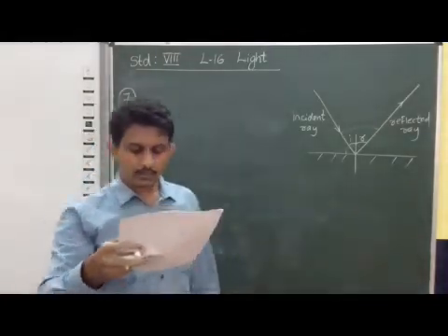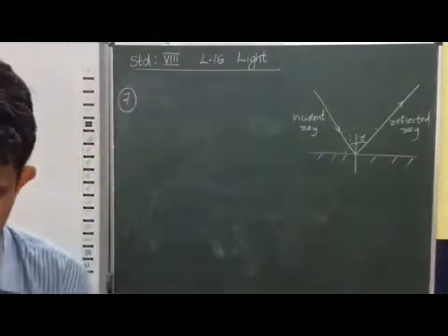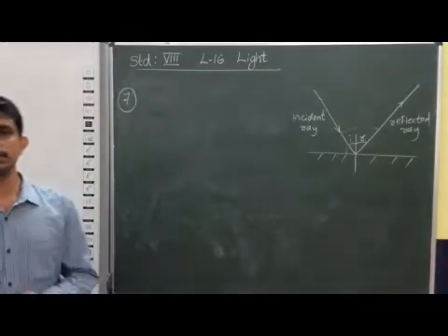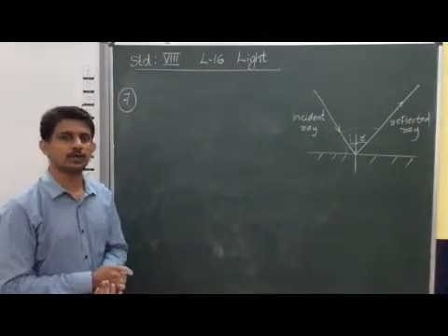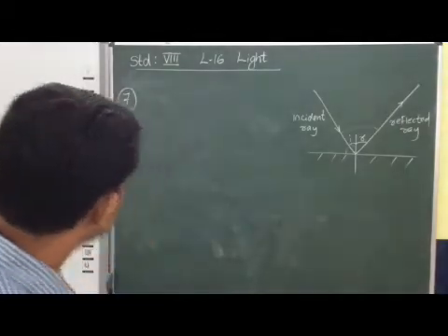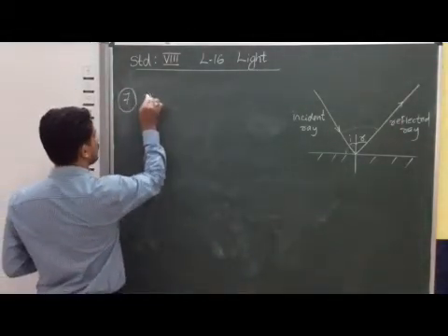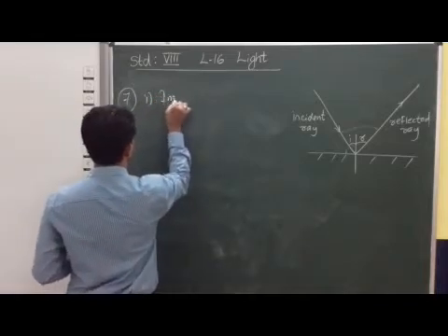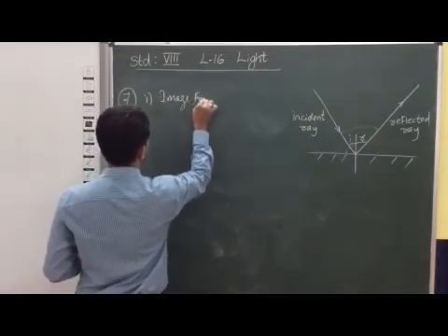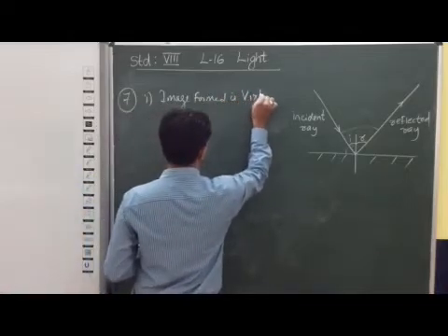What are the main characteristics of the image formed by a plane mirror? We have to discuss the characteristic properties of an image formed by a plane mirror. In this case, the first property we can say is that the image formed is a virtual image.